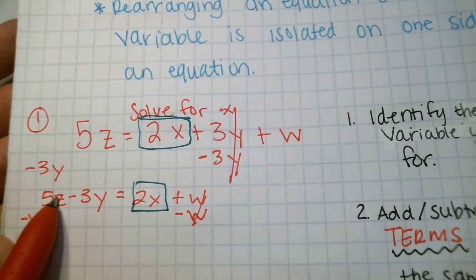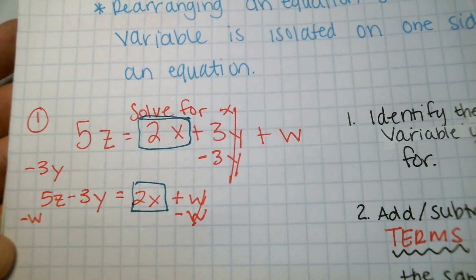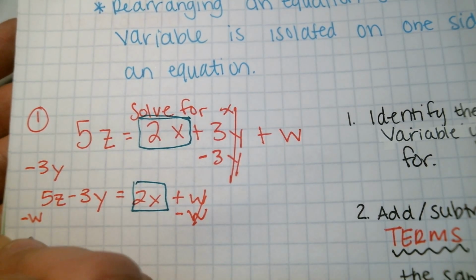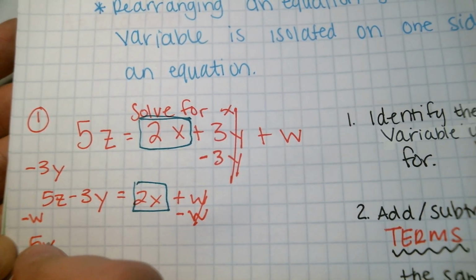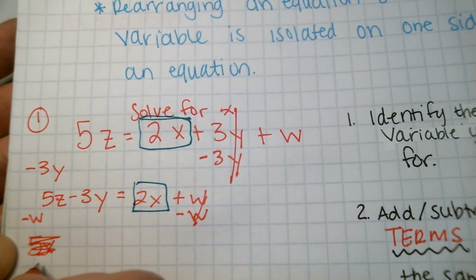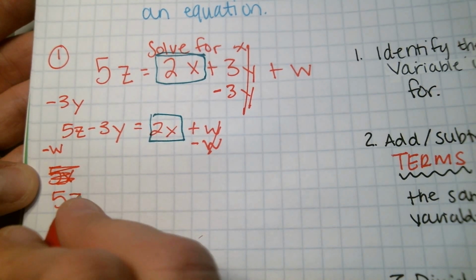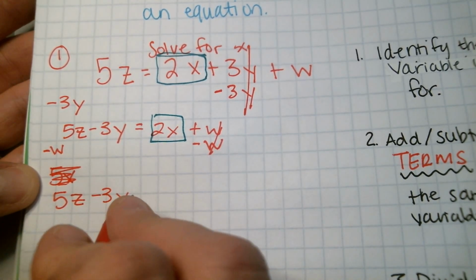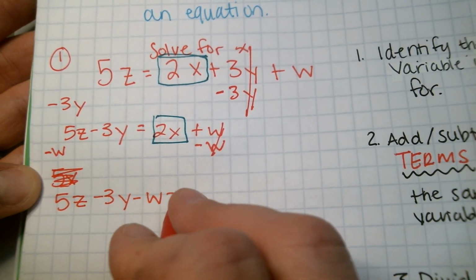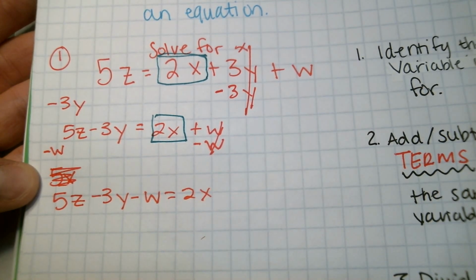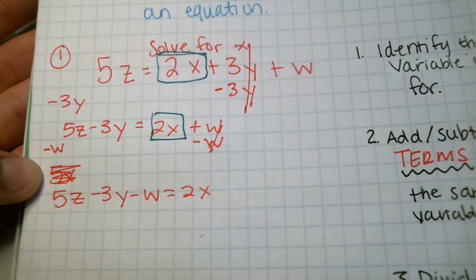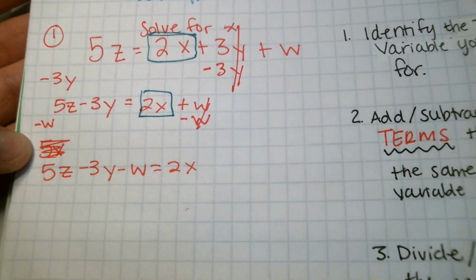Now again, 5z and 3y and minus w are not like terms, so I'm left with an expression, 5z minus 3y minus w equals 2x. Okay, so now that term is by itself, that has the variable I'm solving for.